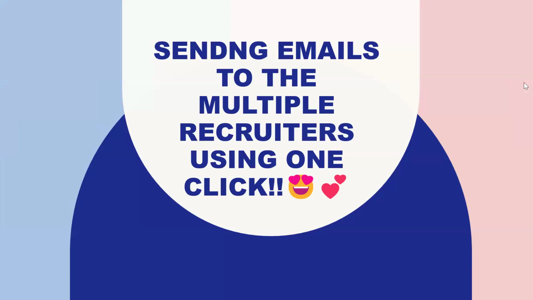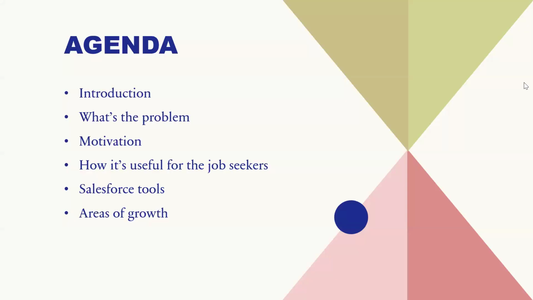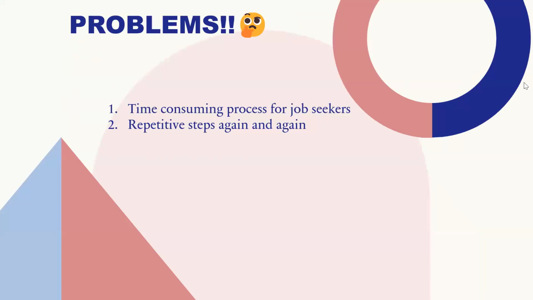So this is a small project which I built, to send emails to multiple recruiters using a single click. The agenda is: introduction, what was the problem behind this, what was the motivation behind this project, and how it is useful especially for a job seeker. For the job seeker, it's a very time-sensitive process.